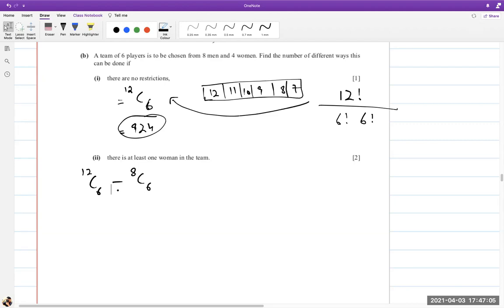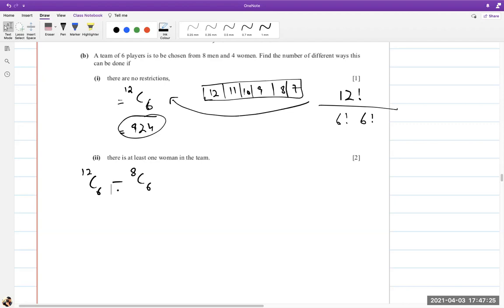Sir, could you please explain this again? I didn't get it. Sure. Here's the thing. There are 924 different ways of picking a team. I want to find out the number of ways in which we can pick those, but include at least a woman on the team.